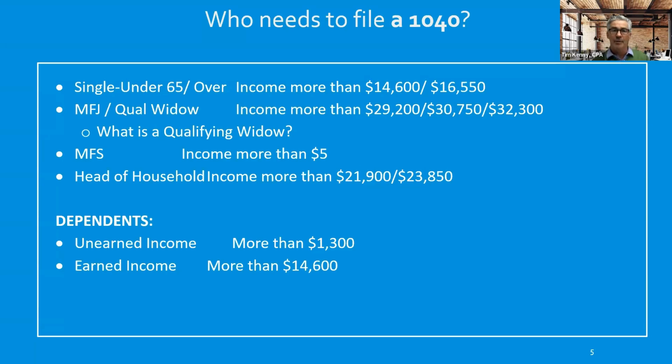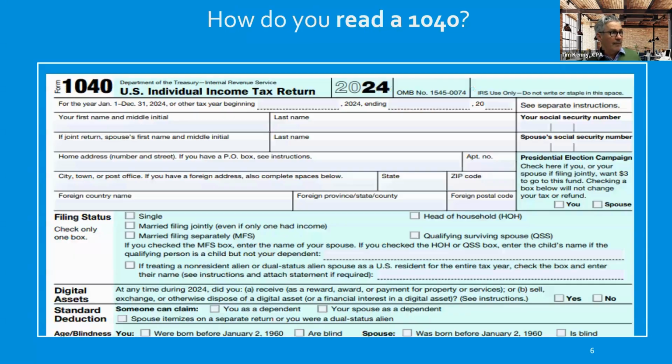Now, there might be instances where your dependent isn't required to file. However, it isn't necessarily a bad idea to file, because down the road they may need a loan or what have you, and the bank or the lender would want to see those tax returns. And it's a good thing, I think. This is probably a familiar sight to you all.